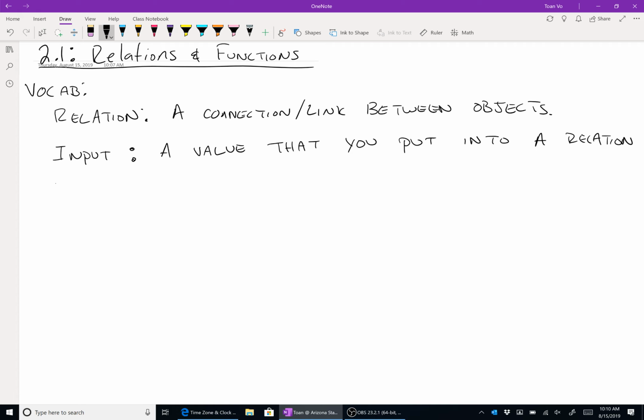No duh. Output, you can probably guess its definition. A value that you get out from a relation.